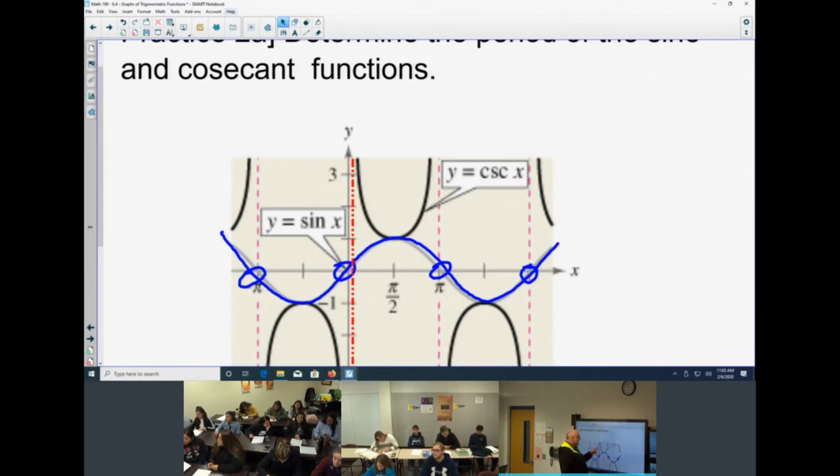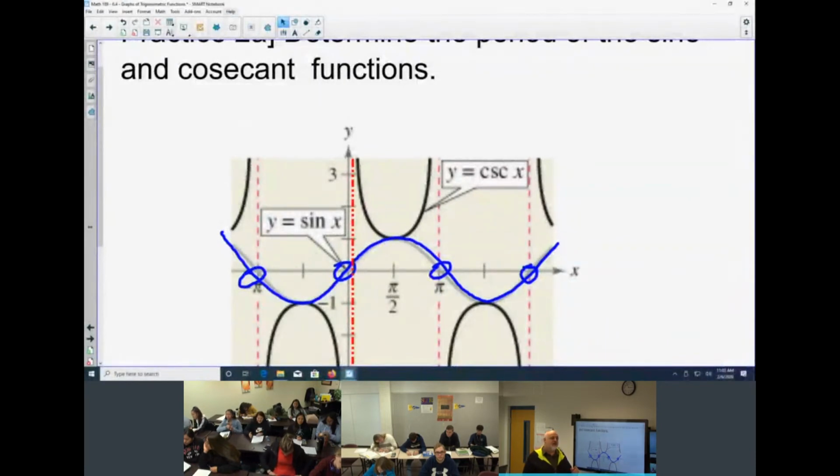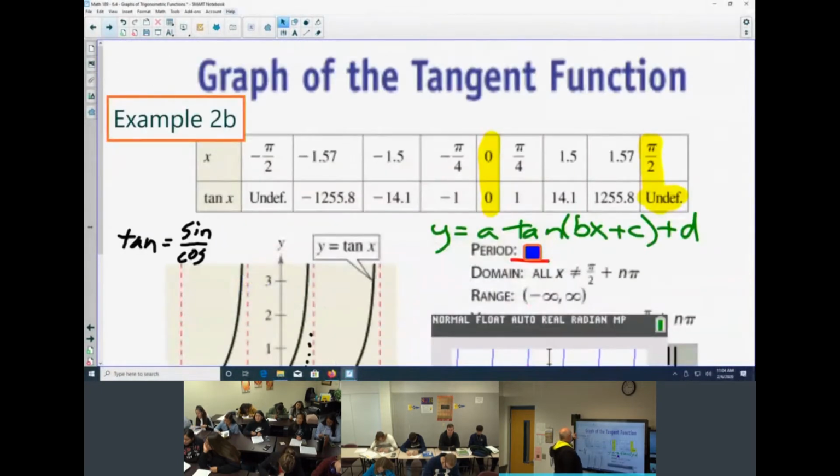And the cosecant has one U, a horseshoe going up, and one going down. So that's one period. I'm hoping from this example that you'll visually see that the period is 2 pi. So for sine and cosecant, cosine and secant, the period's 2 pi. Tangent and cotangent, the period's pi. Okay? So that's how long it takes to complete one cycle.